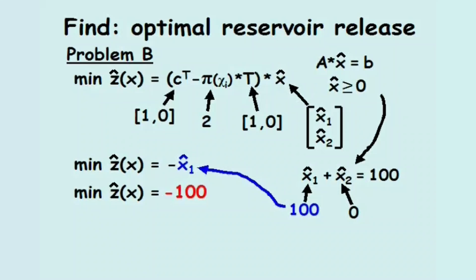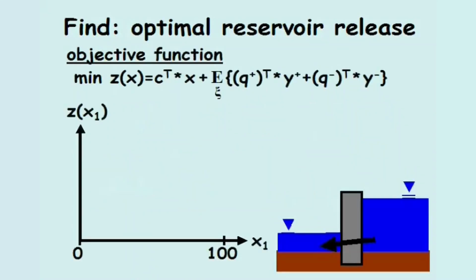We'll use the values of x hat later in the problem. Back to the original objective function, we'll develop a curve for the objective function z of x to determine what release value, x1, minimizes the objective function.